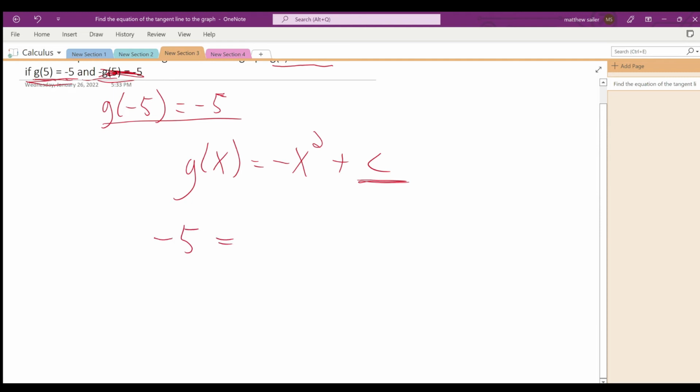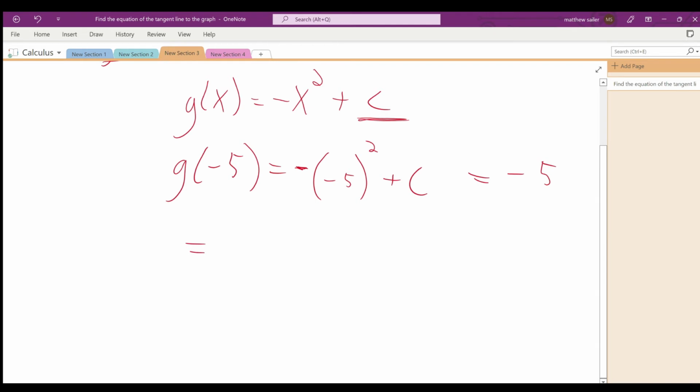And actually, I'll do this a slightly longer way. So g of negative 5 is going to equal, we're plugging in a negative 5 for every x. So this is going to equal negative 5 squared plus c. And we know that g of negative 5 is equal to negative 5.